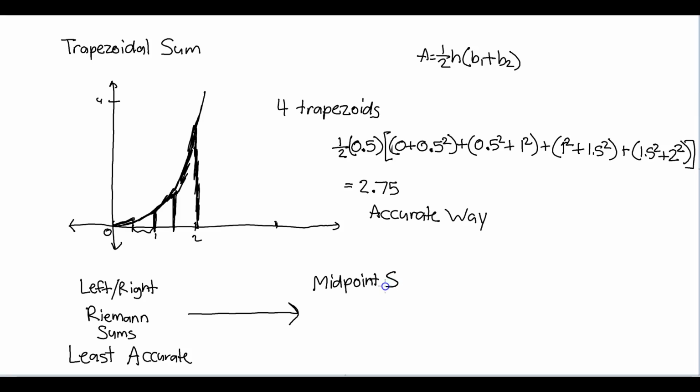The midpoint sum is actually more accurate for this, was more accurate in the approximation. The midpoint sum and the trapezoid rule for most accurate. There are more ways you can approximate them, but the AP exam usually requires only the left and right Riemann sums, the midpoint sum, and trapezoid rule.